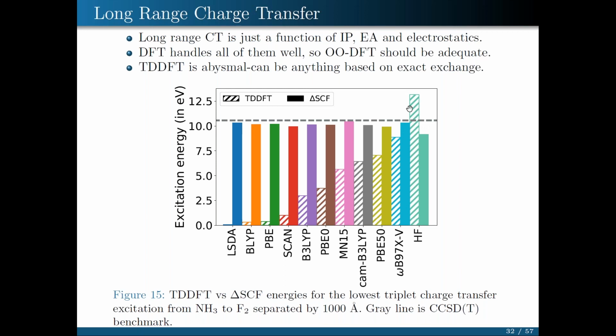I guess the easy example is that if we constrain the multiplicity, the M sub S of our problem, then, for instance, the lowest triplet state is a local minimum in orbital space, because it's within the triplet manifold.